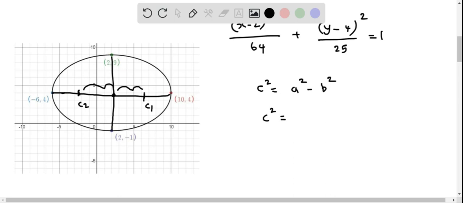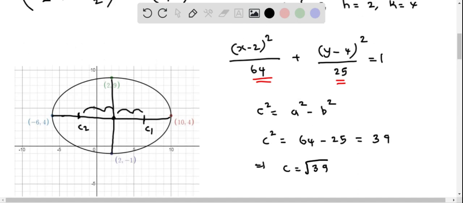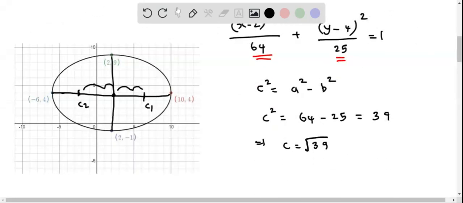So we know the value of a squared, which is given over here, that is 64, and this is b squared. We can substitute here. Therefore, 64 minus 25, this is 39. This implies c equals square root of 39. And let me mark the center. The center is 2 comma 4. So therefore this coordinate is 2 comma 4, and this means it is at a distance of root 39 from 2.